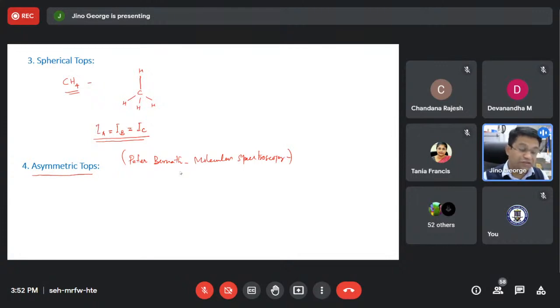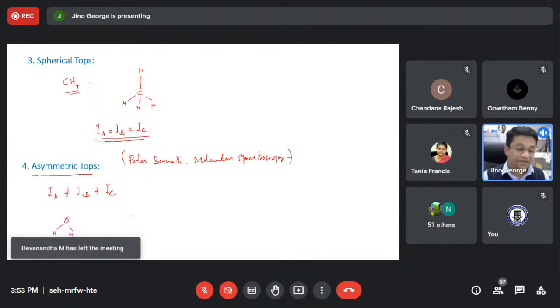Okay, asymmetric tops: these are the class of systems which you normally see around you. Many organic molecules, where IA is not equal to IB, which is not equal to IC. A very good example is water, with C2 symmetry.